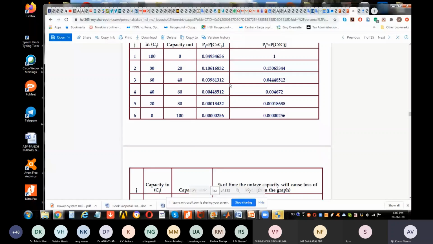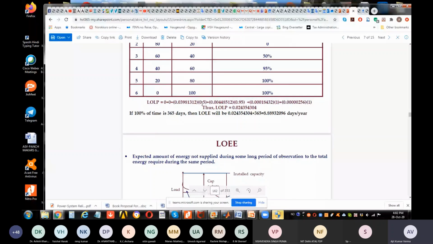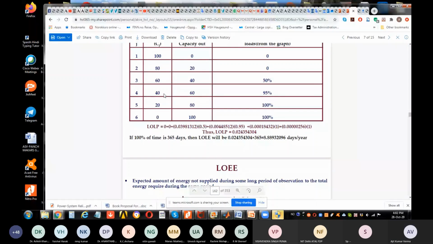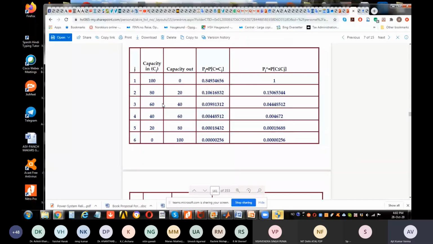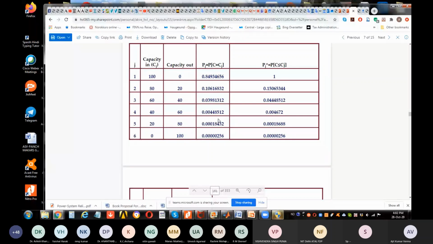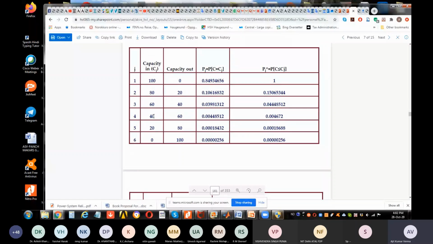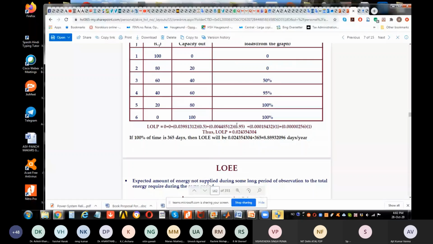And then 95%. So the probability of getting this state 40 with 60 out. So let's look at this. This is 60 out, 0.448512.